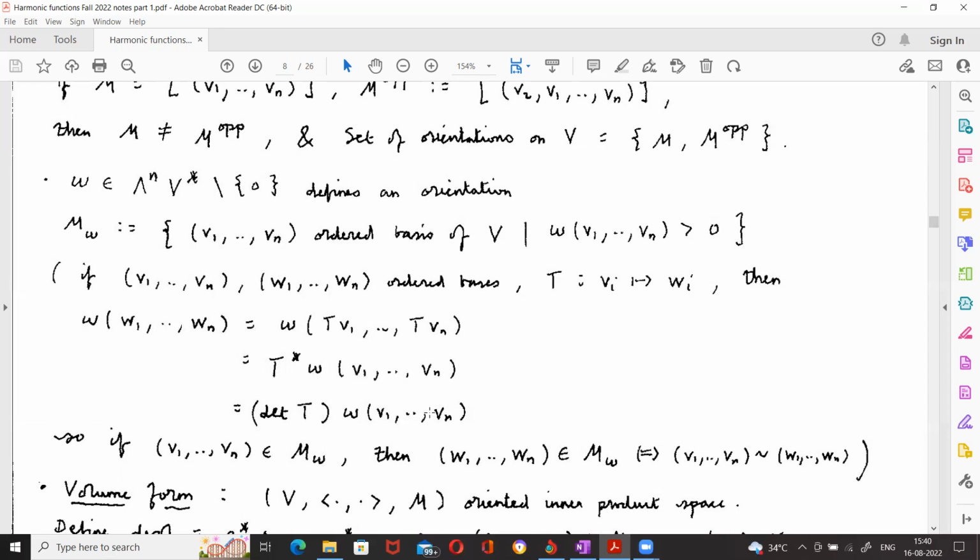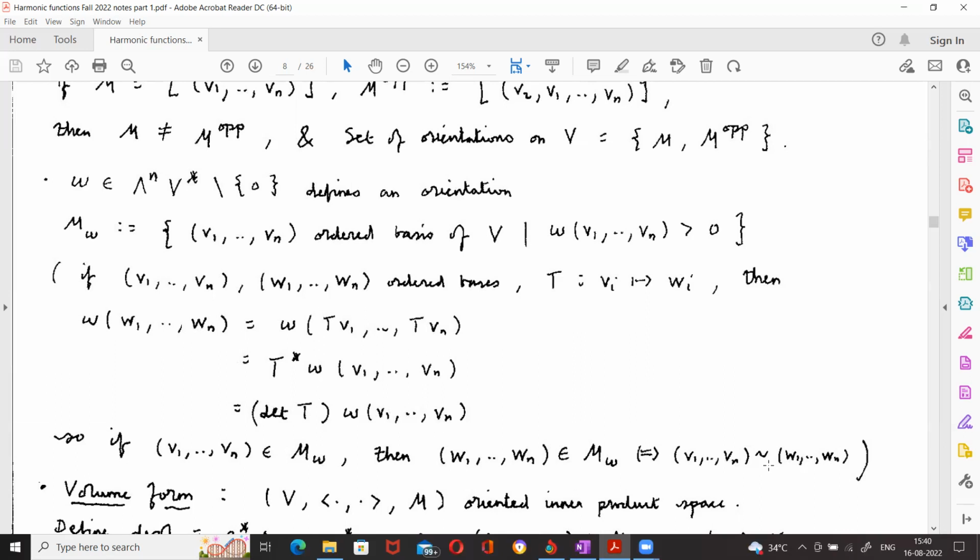Now suppose that V1 to Vn belongs to this set mu omega. Then that means omega of V1 to Vn is positive. And so omega of W1 to Wn will be positive if and only if determinant T is positive, right? And that is if and only if V1 to Vn is equivalent to W1 to Wn, right? Yes.